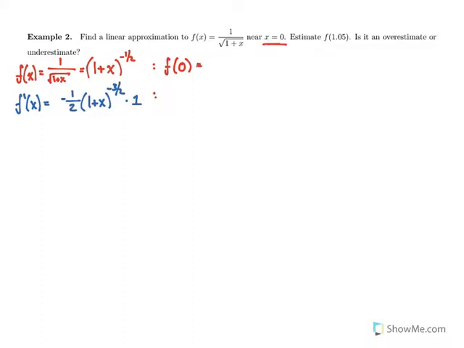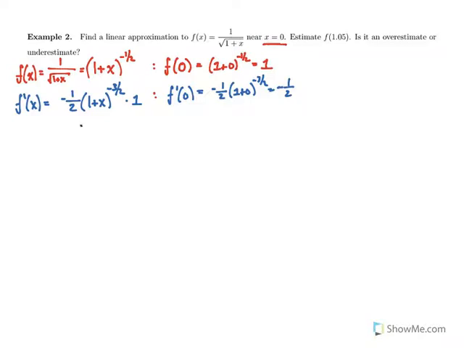So f of 0 is going to be (1 plus 0) to the negative 1/2. That's just 1. And f prime of 0 is going to be negative 1/2 times (1 plus 0) to the negative 3/2, which is negative 1/2.